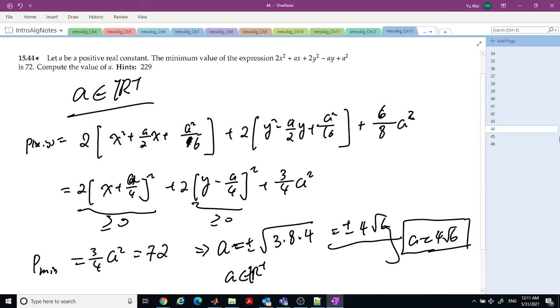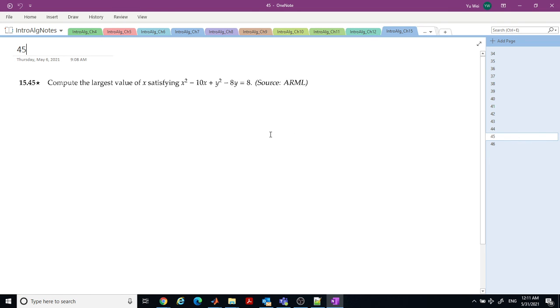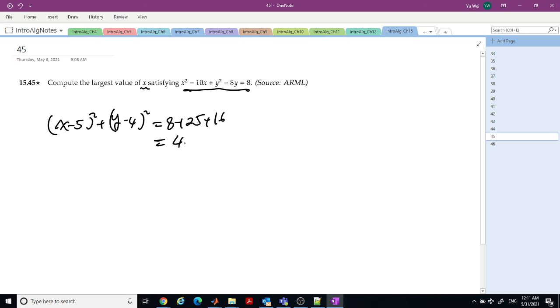Okay, next. So compute the largest value of x satisfying this. Okay, let's see what this quadratic form is. It should be something like a circle, right? So (x minus 5) squared plus (y minus 4) squared is equal to 8 plus 25 plus 16, which is 49.